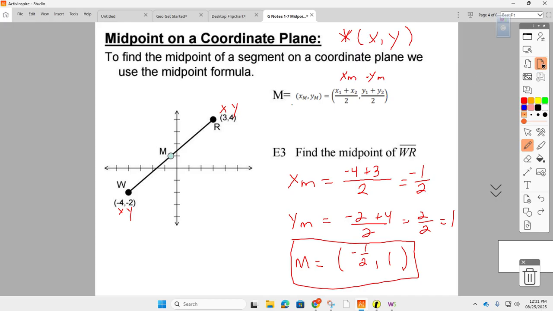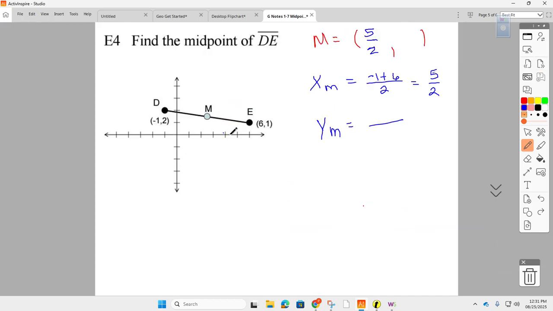Is 6 one of the y-coordinates? No. So what's going to go on the top? What's the y-coordinate for D? Yes. Well, what's the y-coordinate for P? 1. And it's always over 2. The y-coordinate for the midpoint is 3 halves.